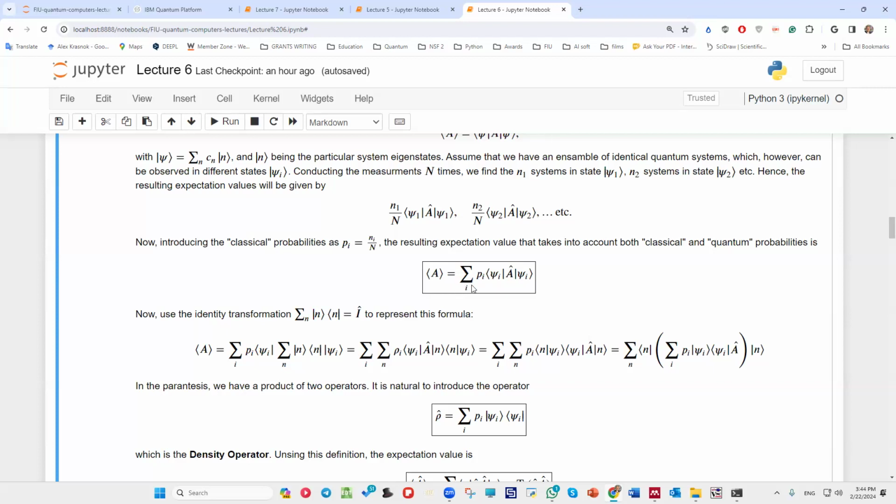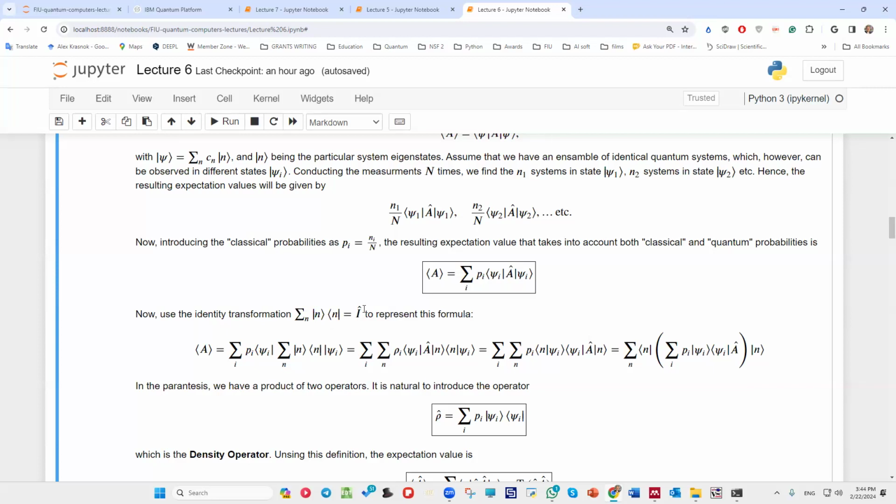So now let us rewrite this formula a little bit by introducing the identity transformation. We have seen this one already.